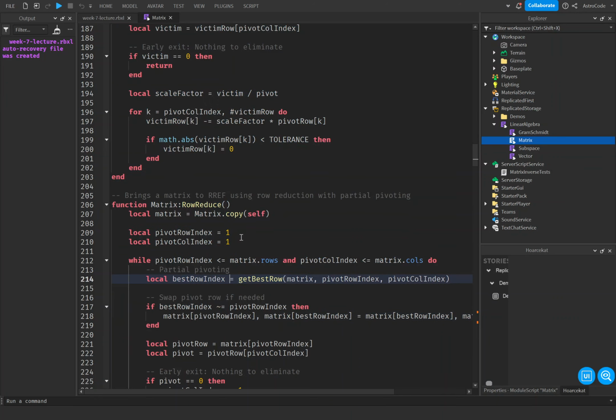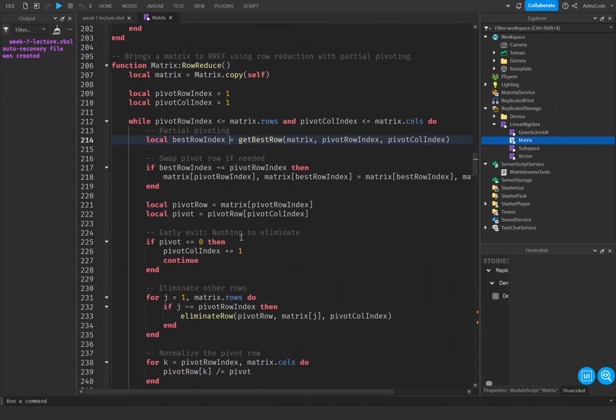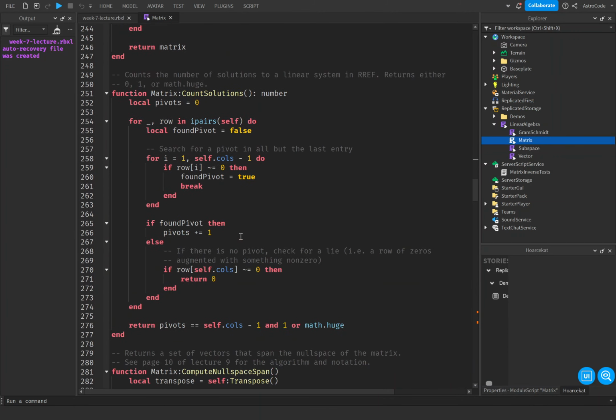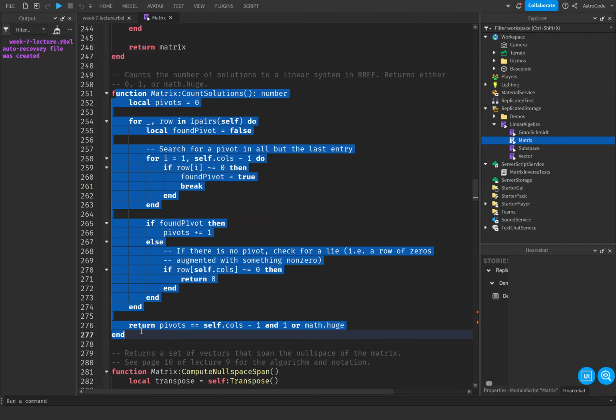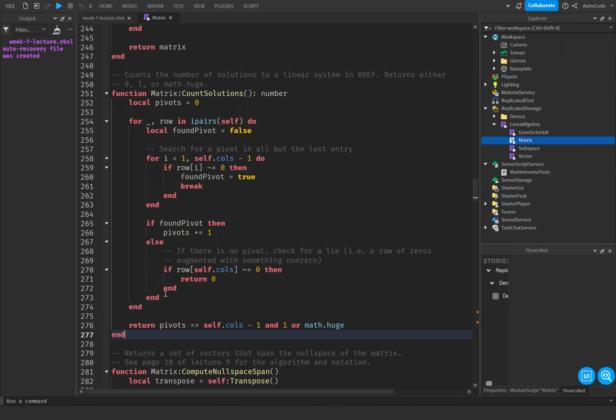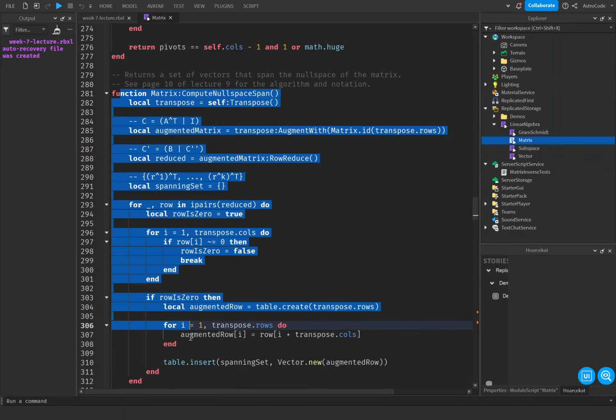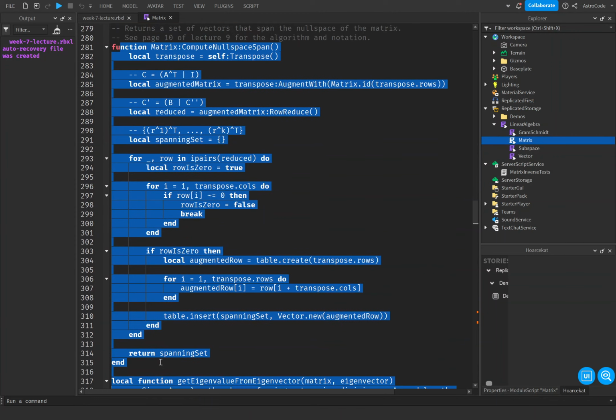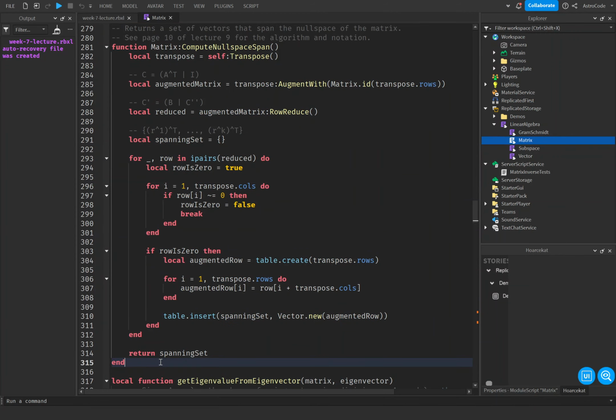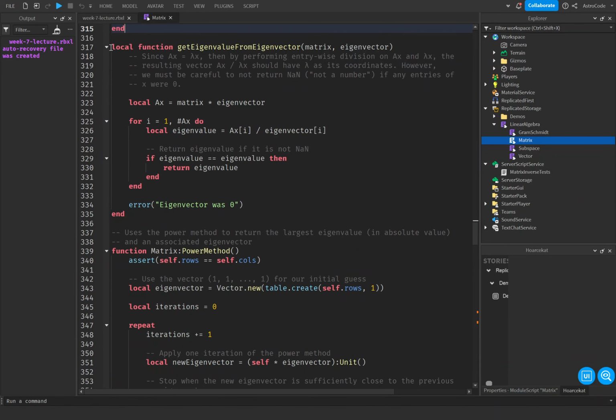This I just stuck into the matrix class. It's all the same code as before. And then this, I think, was a homework solution that ended up in here. And then here was our power method code from last week.